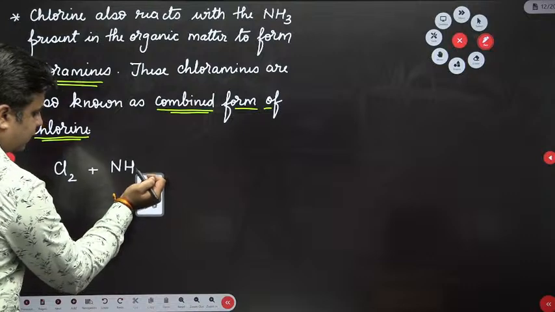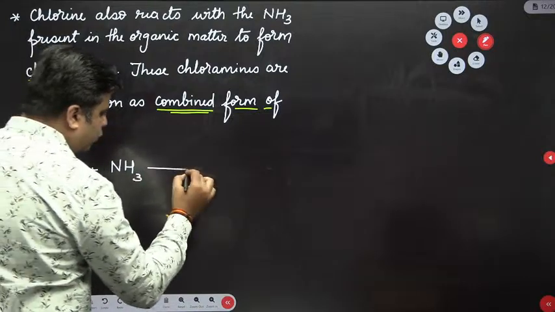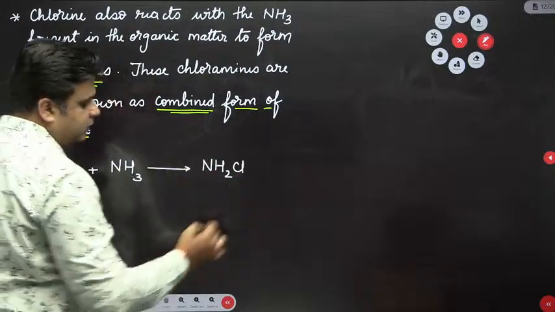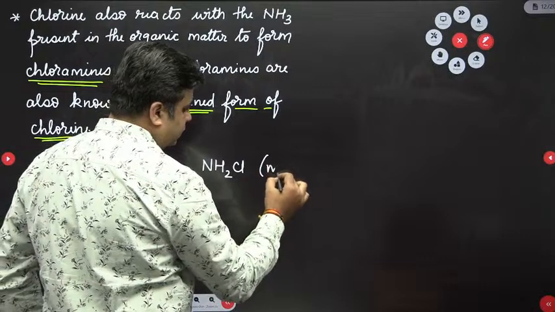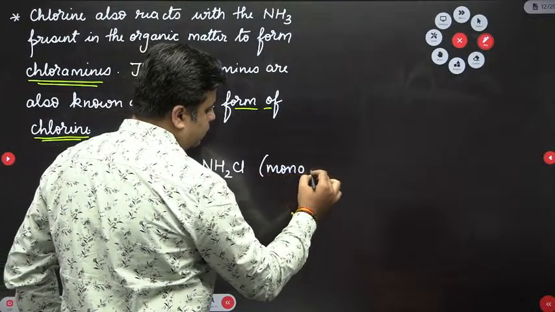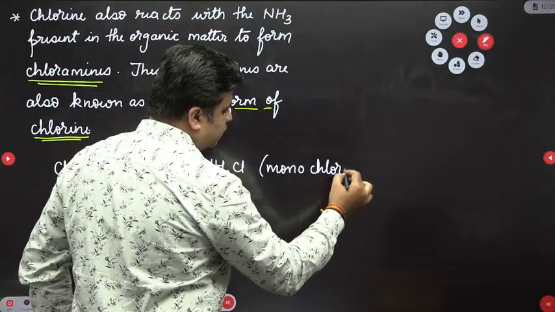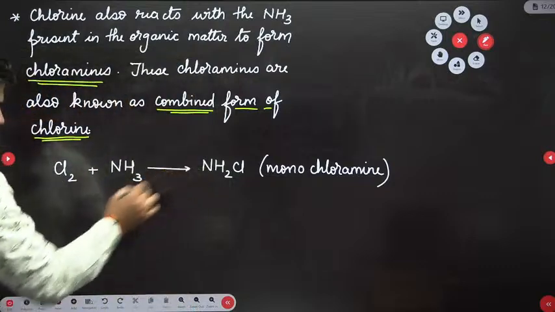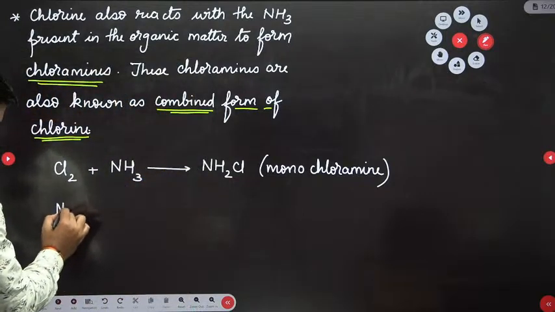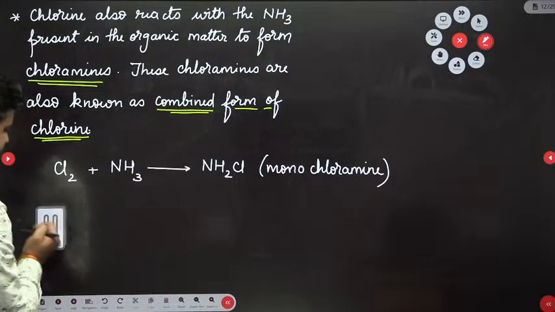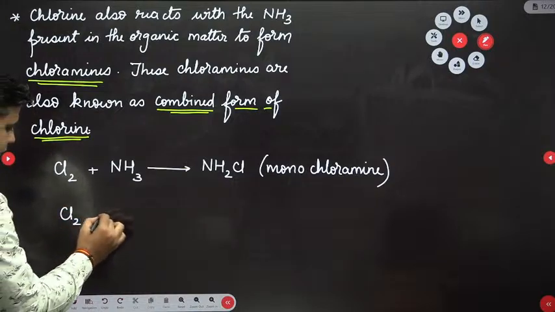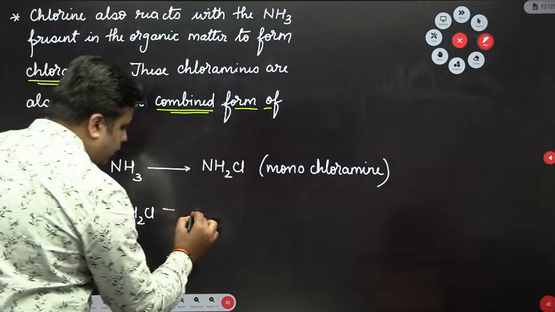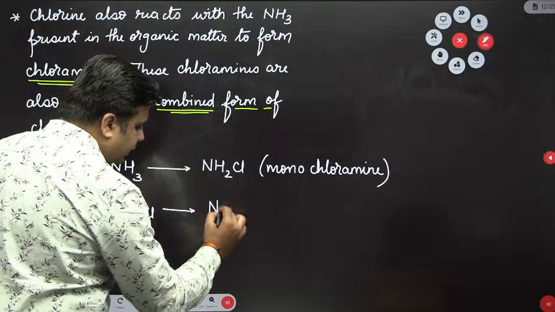So chlorine reacts with the ammonia to form monochloramine, NH2Cl. Then this NH2Cl combines with another chlorine to form dichloramine, NHCl2.